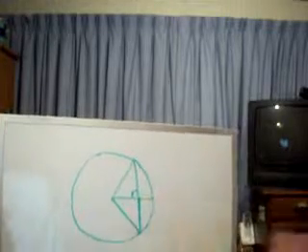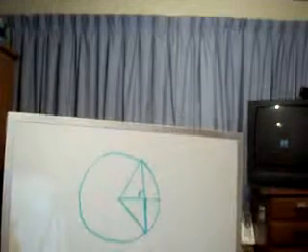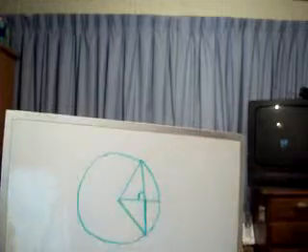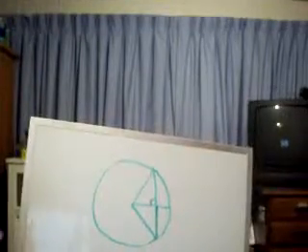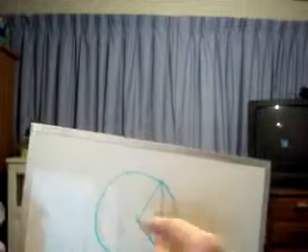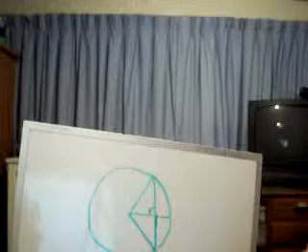Now, how does this all debunk what I was talking about in that last video? Alright, we're going to go by chord length instead of by sines to start getting our numbers.